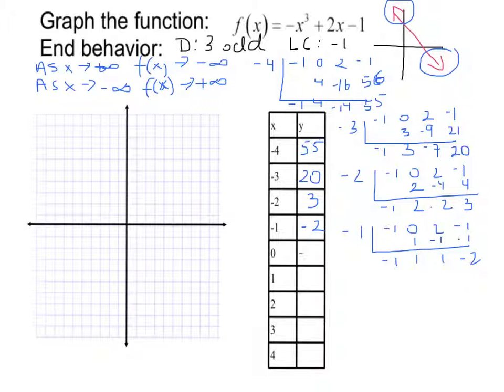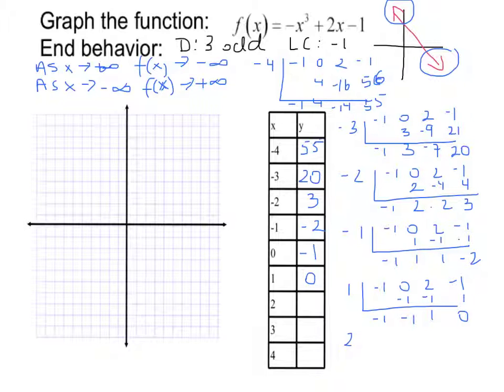At 0, we get -1. At 1, we are going to get zero.